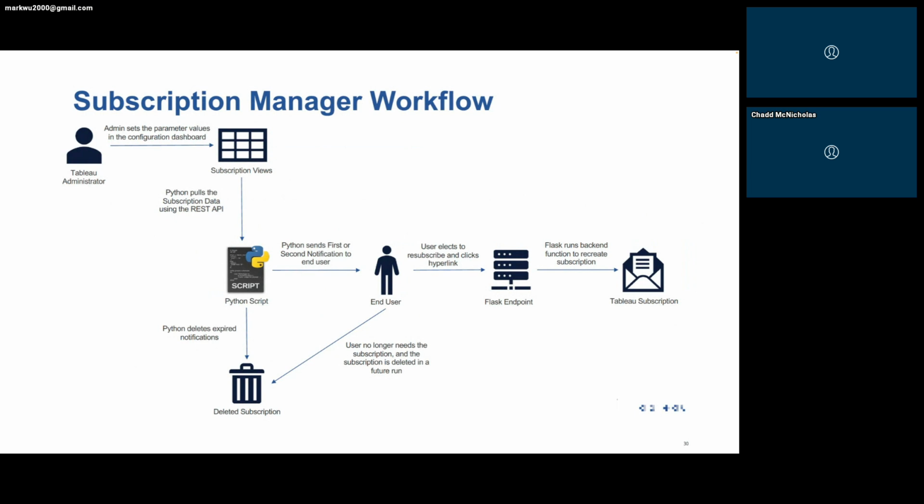If the renewal is clicked, the Flex runs a backend function to recreate the subscriptions, and it continues. However, if the user does not click anything after a second message, the subscription will be deleted. That's a high-level workflow.